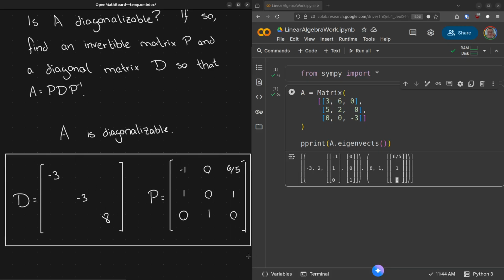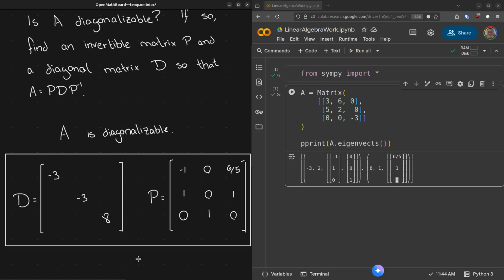That gives me an invertible matrix P and a diagonal matrix D that make the similarity between A and D work. Matrix A is similar to this diagonal matrix, and therefore it is diagonalizable.